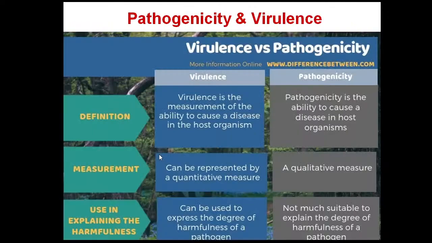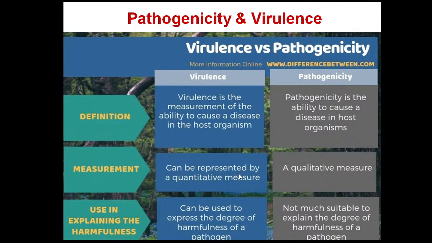Now, first a table that may help to distinguish virulence and pathogenicity. So first look at the definition. Virulence is a measurement of the ability to cause disease. So in fact, virulence is a measure of pathogenicity. And pathogenicity is a general ability to cause disease in the host organism. Then measurement.